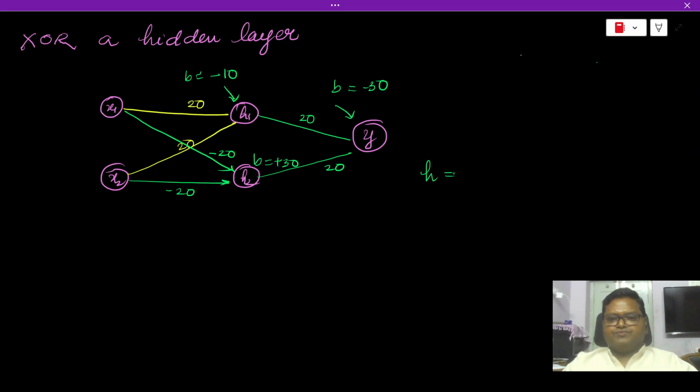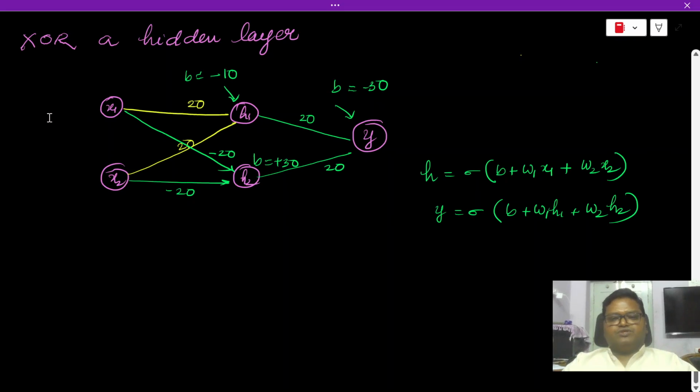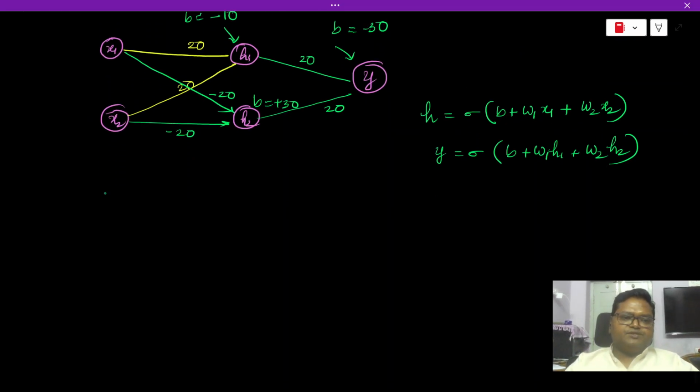H is sigmoid of bias plus W1 X1 plus W2 X2. And Y will be sigmoid of bias plus W1 H1 plus W2 H2. Now let us do this simple math.